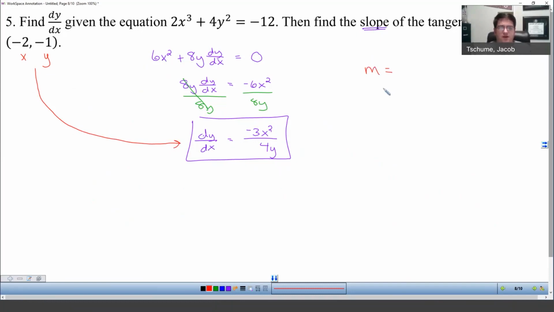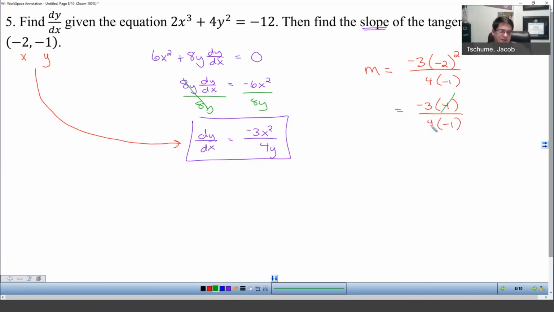So our slope here is going to equal -3. If I plug the x in, that's (-2) squared divided by 4 times my y value, which is -1. Then I'm going to clean this up. So this is -3 times 4 over 4 times -1.